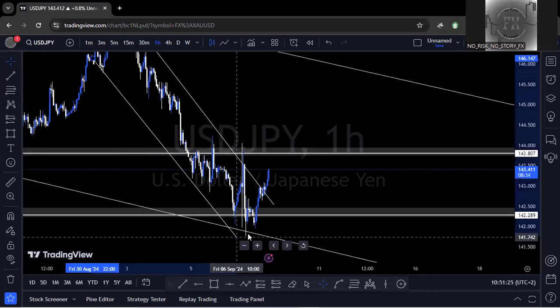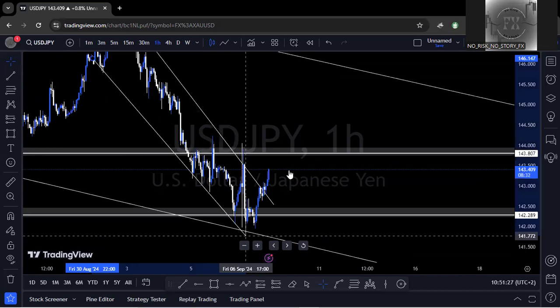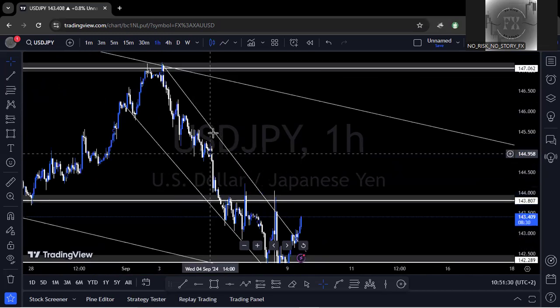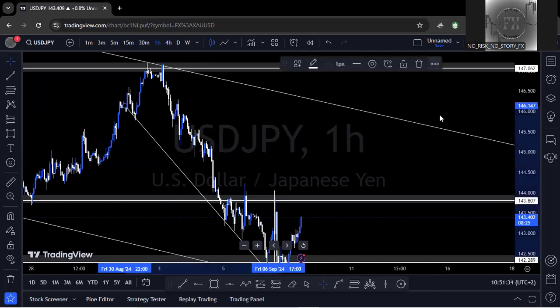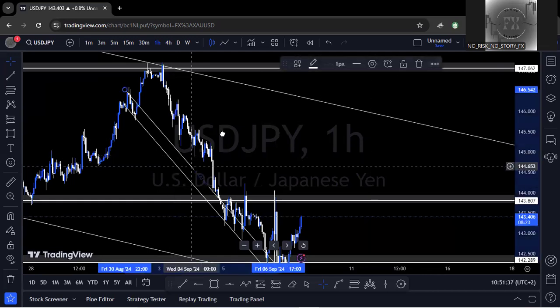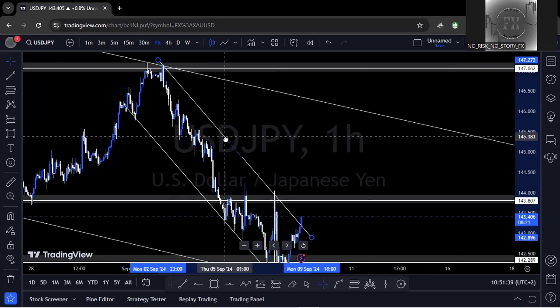Let me adjust my trend line so that it fits perfectly, just the way I want it. Let me delete this, and then let me clone this one.